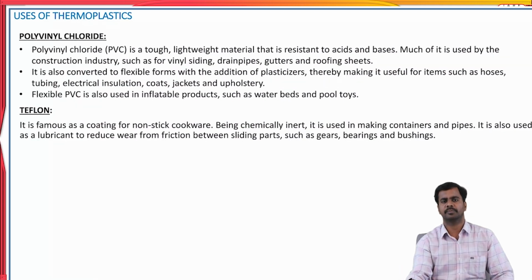Polyvinyl chloride. It is one of the thermoplastics. It is a tough, lightweight material that is resistant to acids and bases. Much of it is used by the construction industry, such as for vinyl siding, drain pipes, gutters, and roofing sheets.